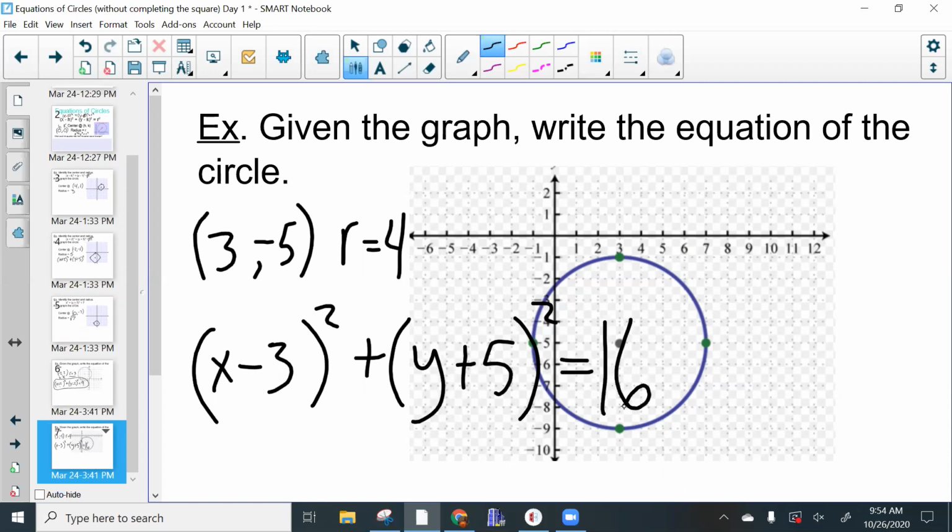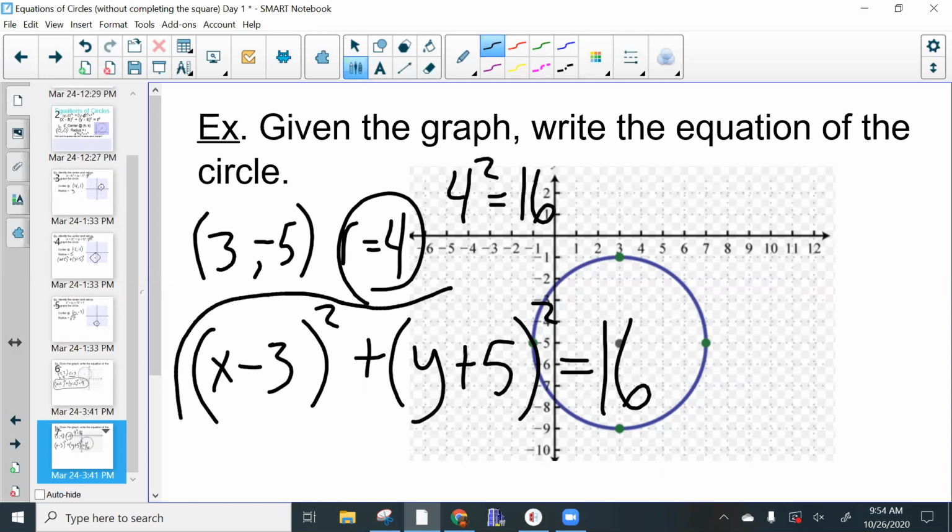And how did you get the 16 again? Yeah, so again, to get this 16, he just squared his value for the radius. So he did 4 squared, and 4 squared equals 16. So here is our equation for this circle.